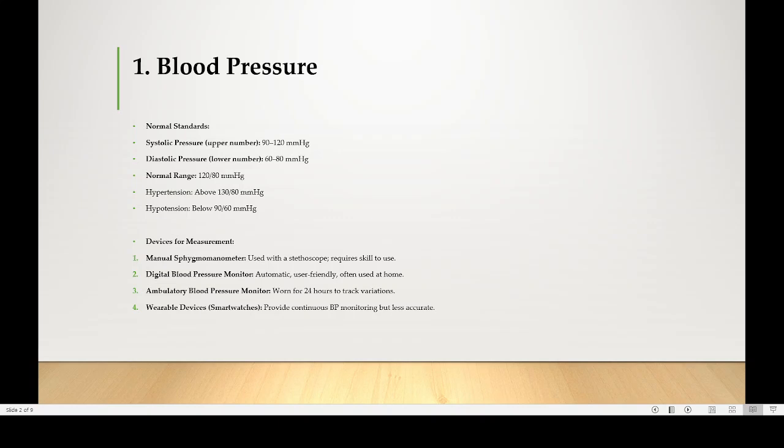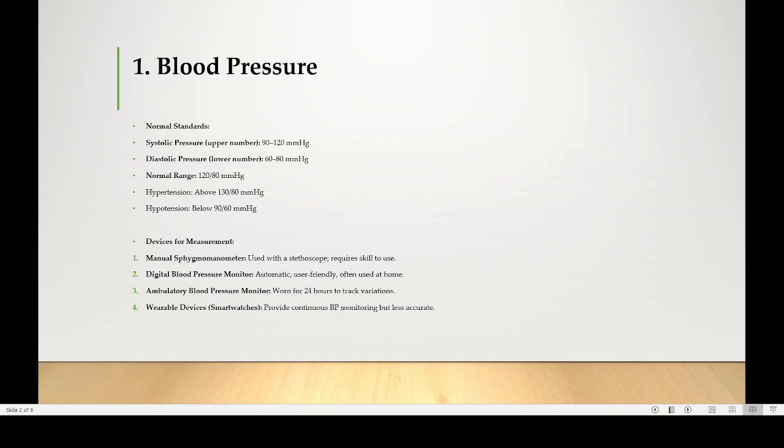Similarly, the normal diastolic blood pressure is 80. Some people may have a lower blood pressure, some may have only 70, some only 60. But if it goes below 60, that is not advisable, and in that case also we have to take some kind of medicine.